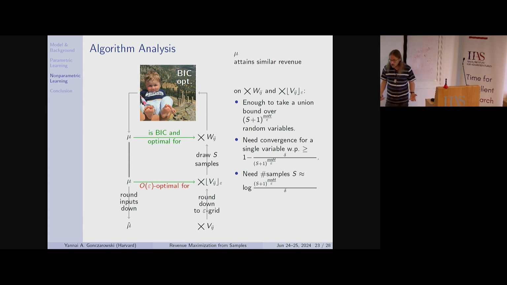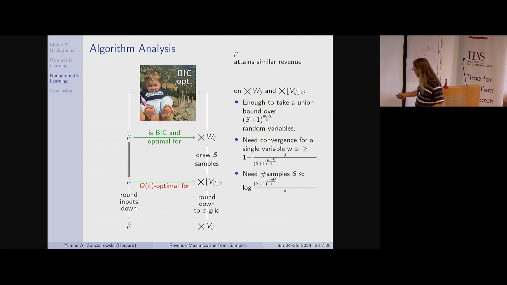So usually in statistical learning, we have a hypothesis class, and we ask how many samples we need to learn well over this class. Here it's not a fixed hypothesis class. The more samples we take, the larger the class we want uniform convergence over is. So it's a race. When we enlarge the class of auctions, we need more samples, and as we need more samples, we need more auctions, and the question is what wins.